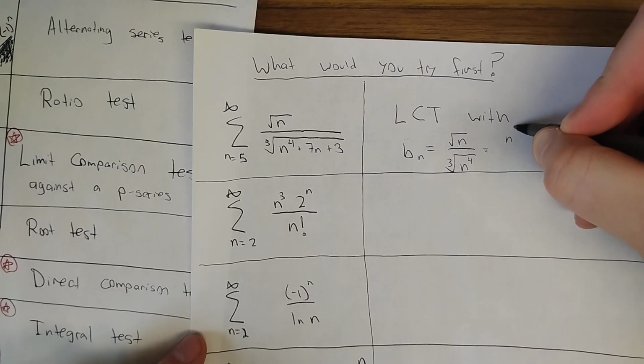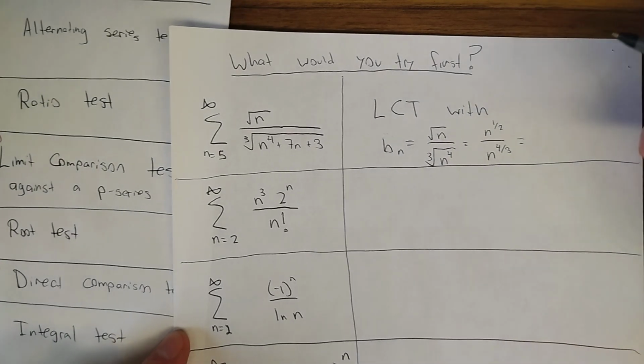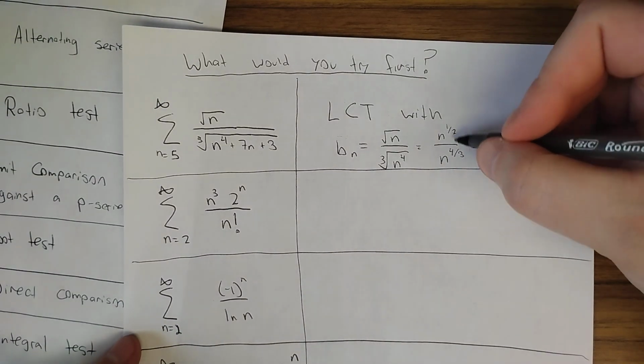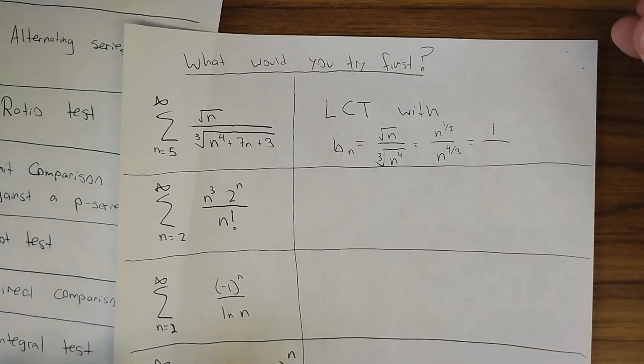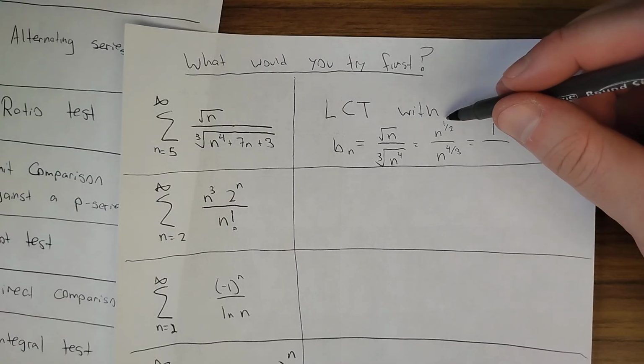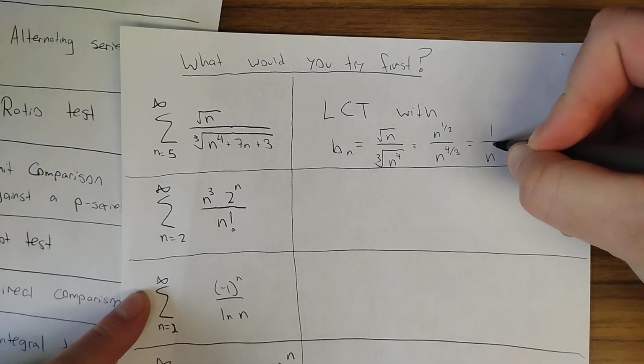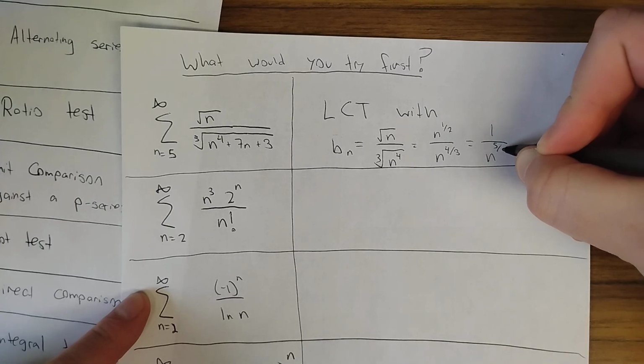So this is n to the 1/2 over n to the 4/3. And now this is the hardest part. What's 4/3 minus 1/2? That is 8/6 minus 3/6, so n to the 5/6.